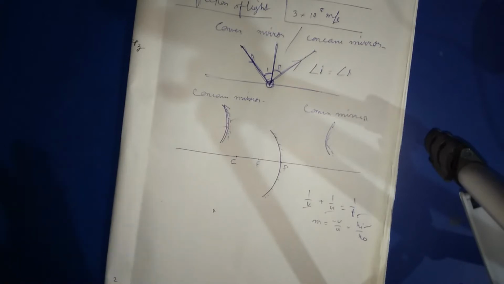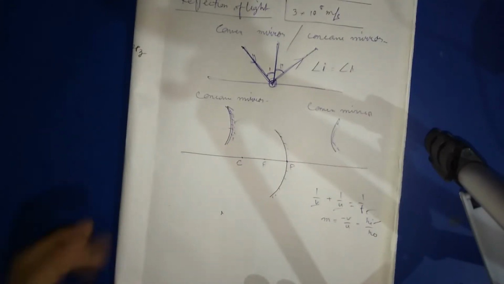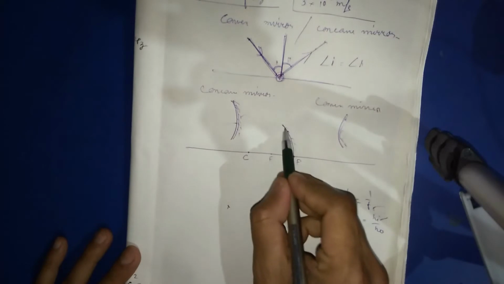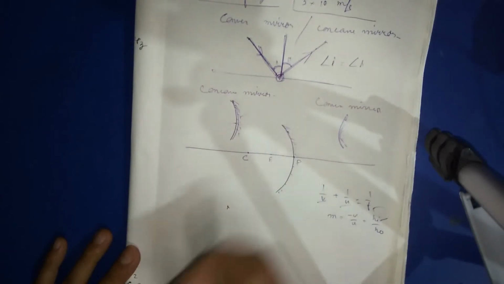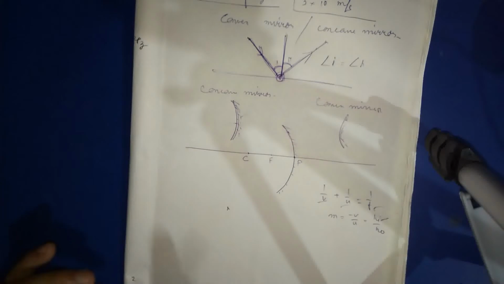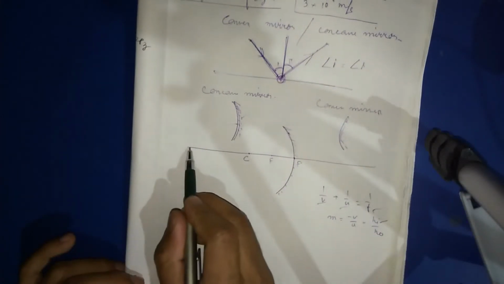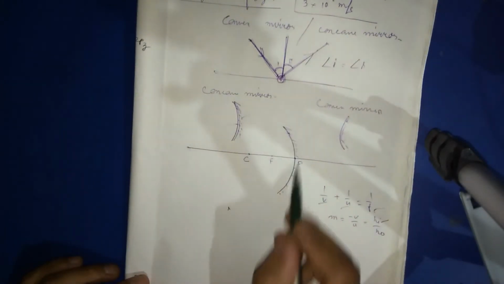Both the concave mirror and the convex mirror have some common things. To draw any ray diagram for them, we have the following designations. Take the example of a concave mirror, whose outer surface is polished and inner surface is reflecting. Along the middle there is an axis called the principal axis that passes through the center of the mirror.